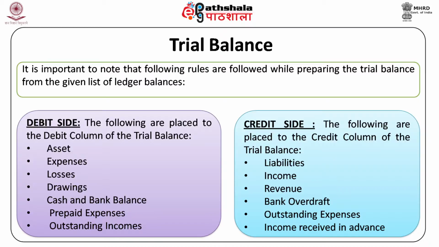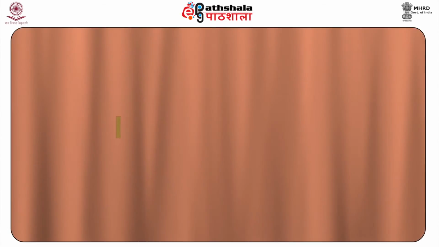Credit side. The following are placed to the credit column of the trial balance: A. Liabilities, B. Income, C. Revenue, D. Bank overdraft, E. Outstanding expenses, F. Income received in advance.